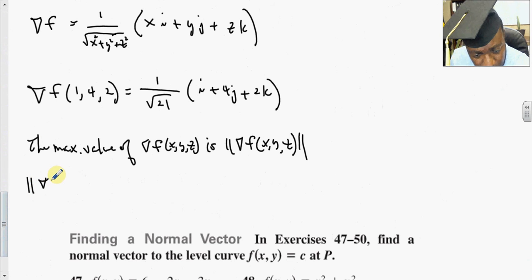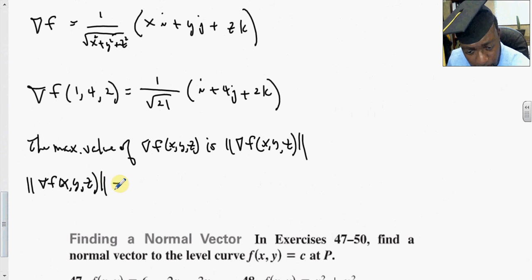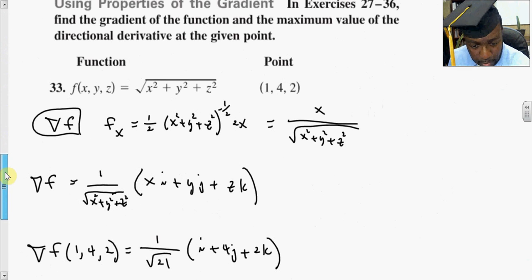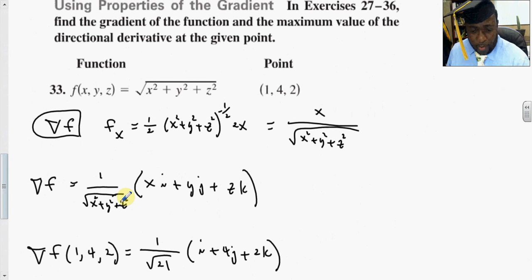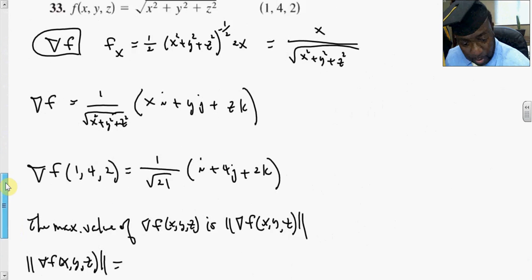So this norm of the gradient is the square root of x squared plus y squared plus z squared divided by the square root of x squared plus y squared plus z squared.